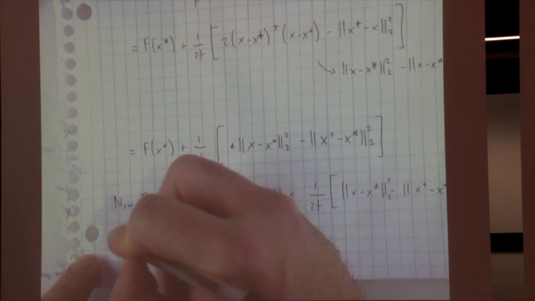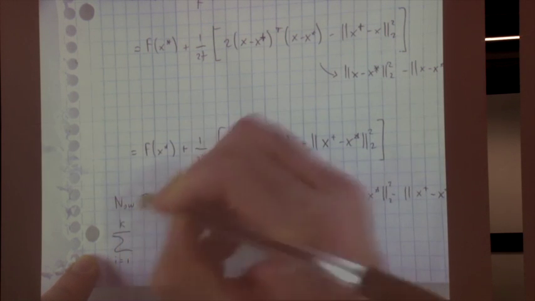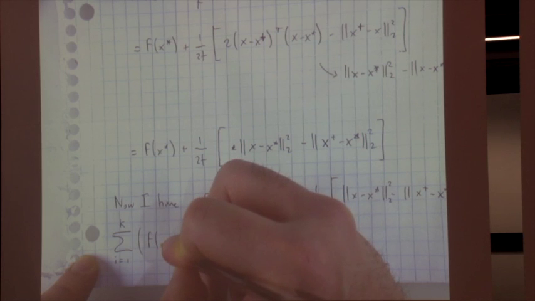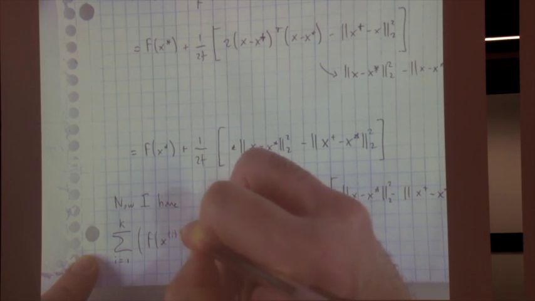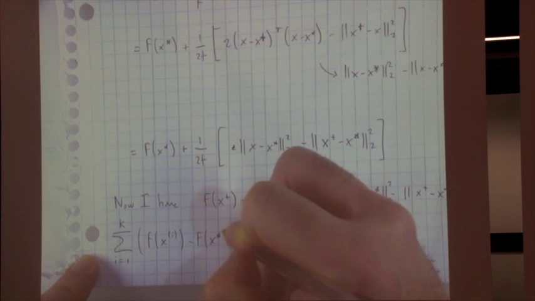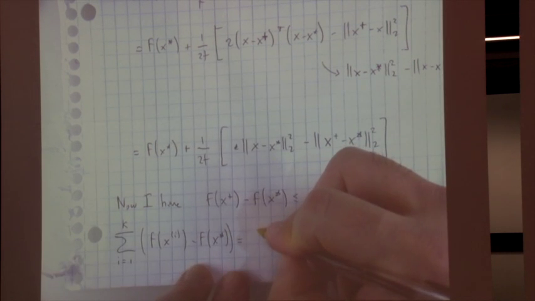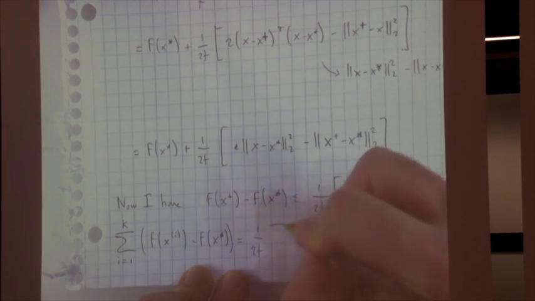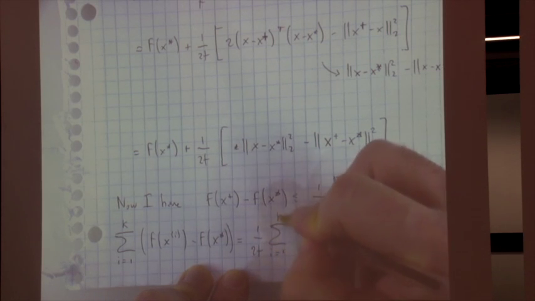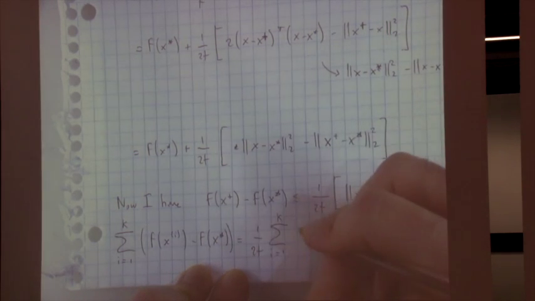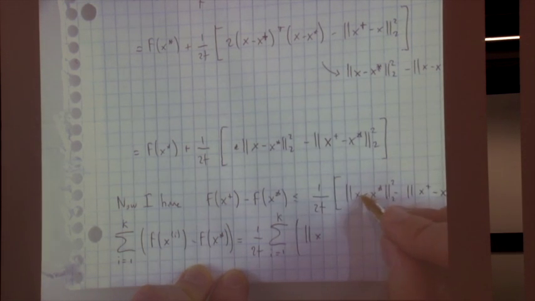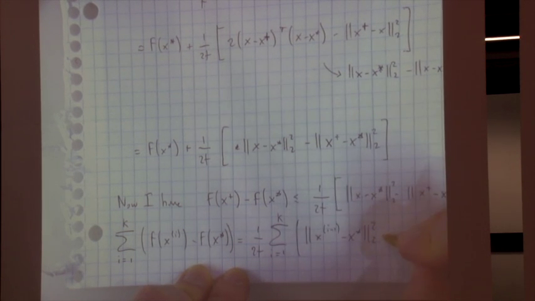So the sum over k iterations of f of xi minus f of x star is going to be equal to 1 over 2t, the sum from i equals 1 to k of these guys. So that's the previous point, xi minus 1 minus x star squared, minus xi, my new point, minus x star squared.